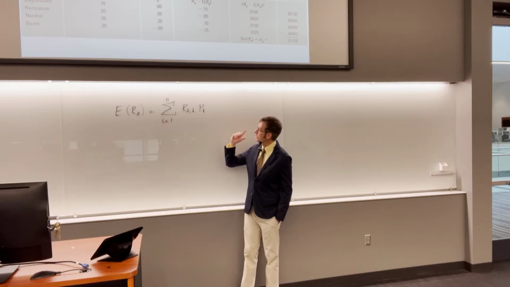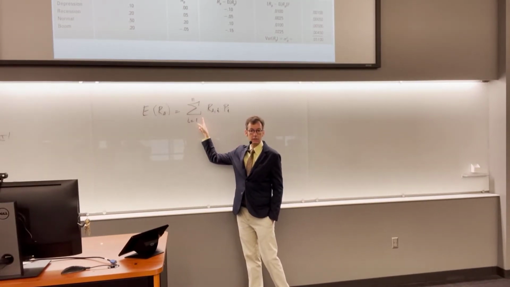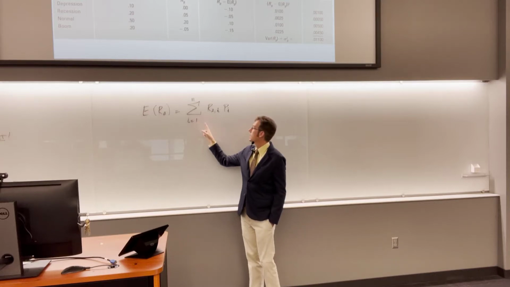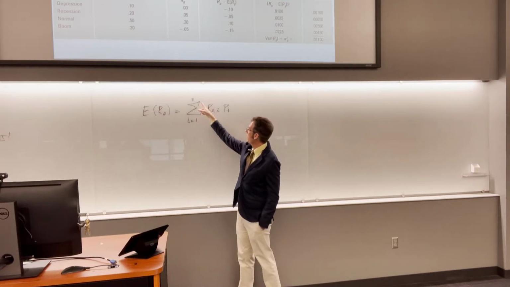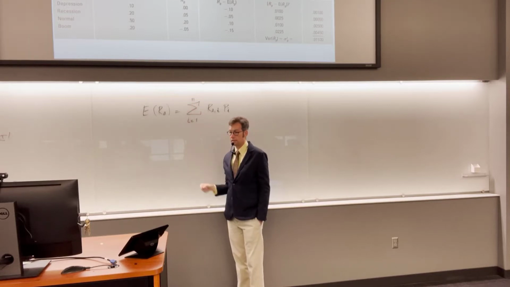So, what do we got here? Can anyone tell me what this thing is? Sum. And it's sum from 1 to n. In this case, this thing is operating over the different states of the economy. Can anybody tell me what n is going to be in our situation? How many states of the economy do we have? 4, right?